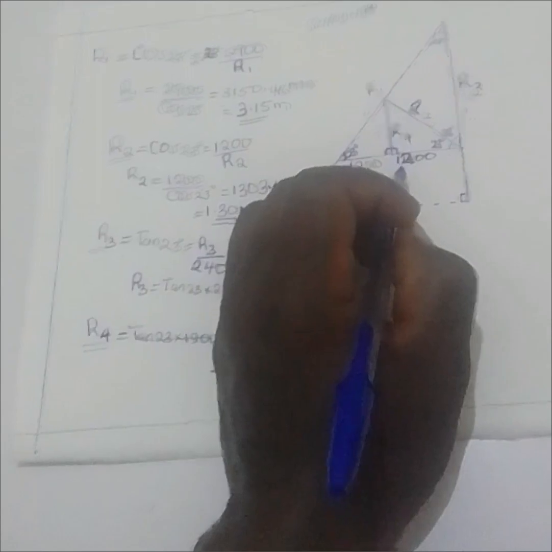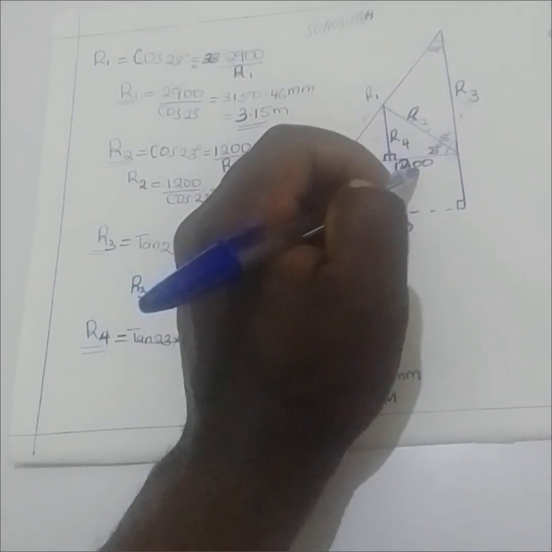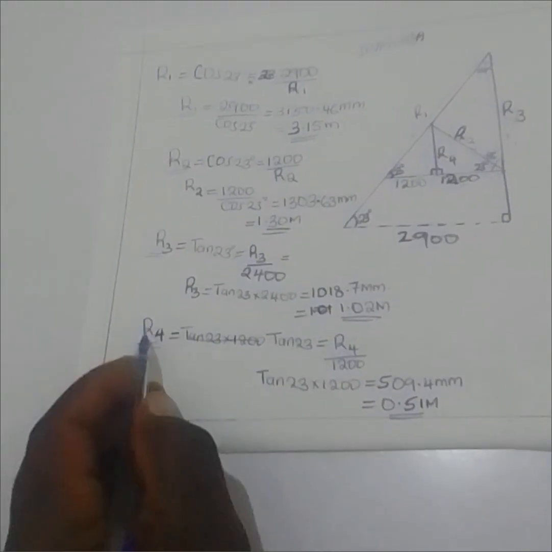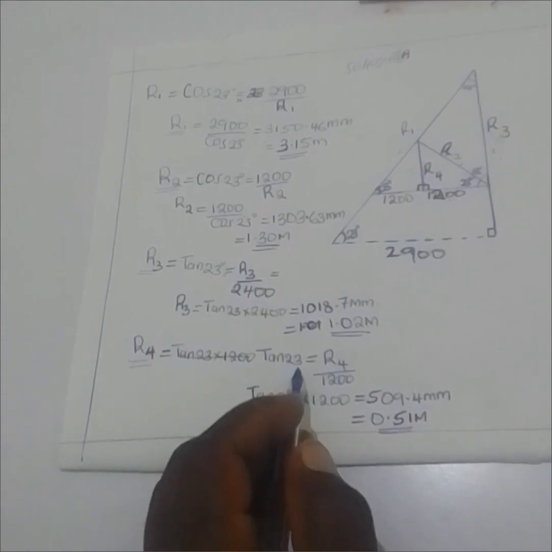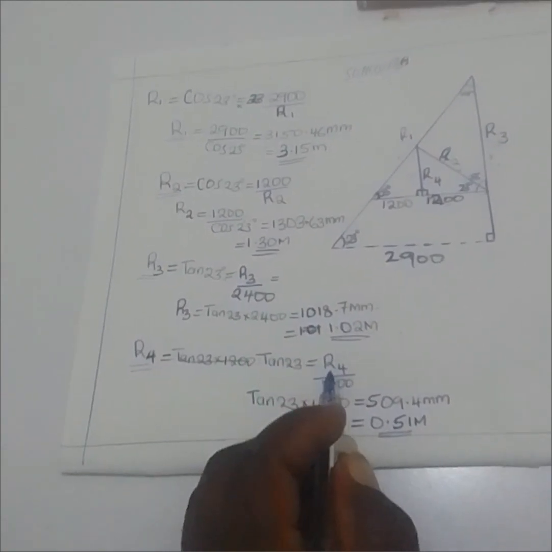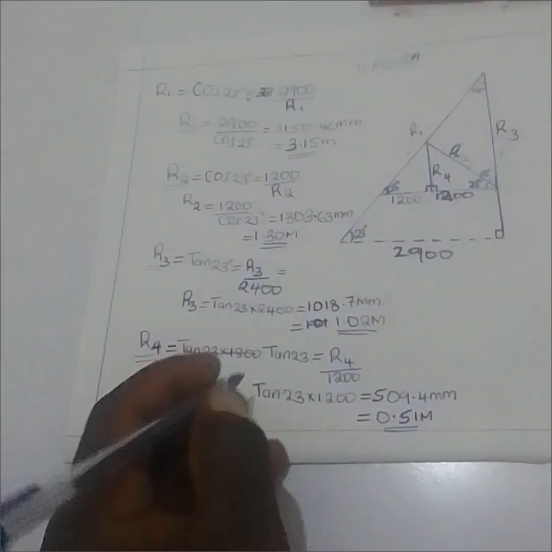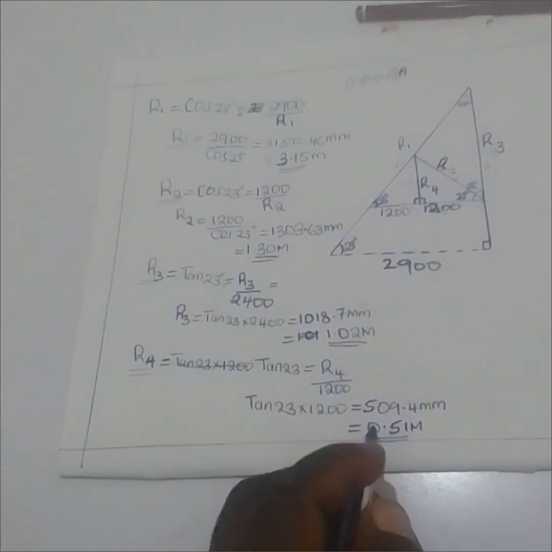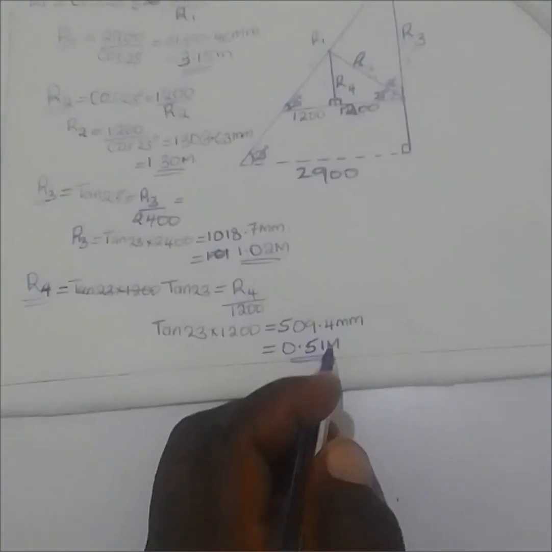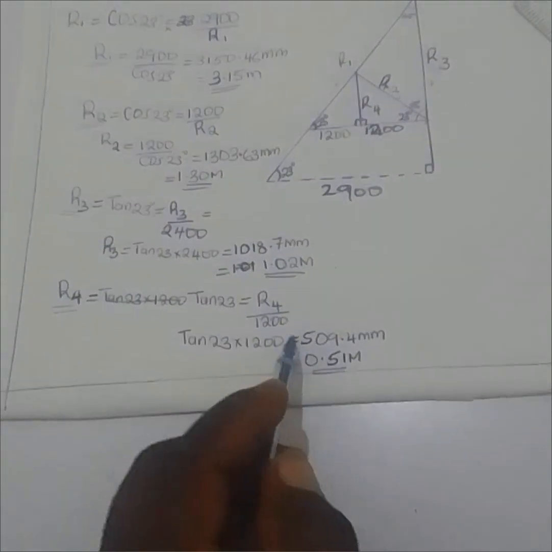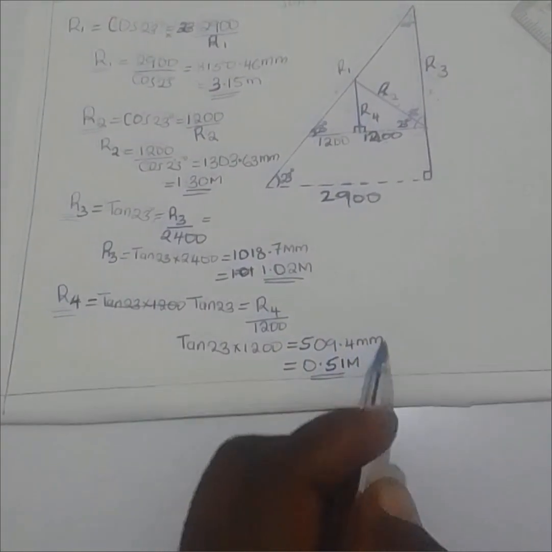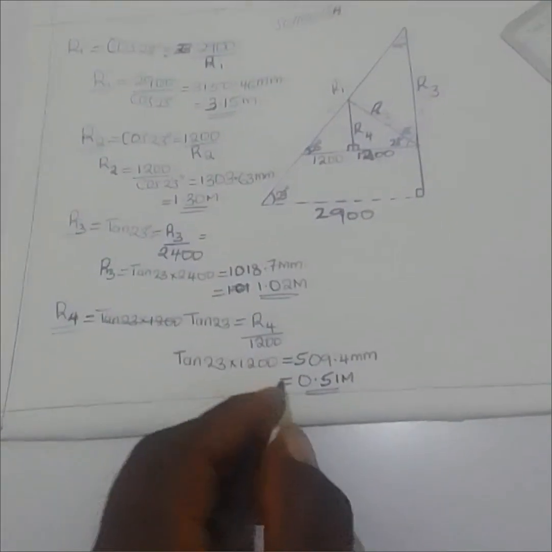We will use tan, because we have the adjacent and we don't have the opposite. So tan theta is equal to R4 all over 1200. If we cross multiply, it will be tan 23 times 1200, which is 509.4 millimeters. If we convert to meters, it will get 0.51 meters.